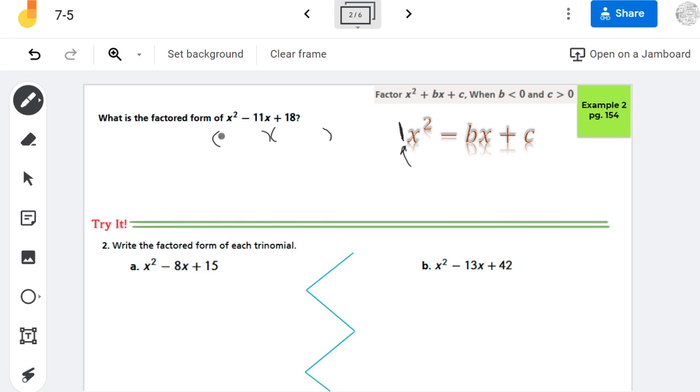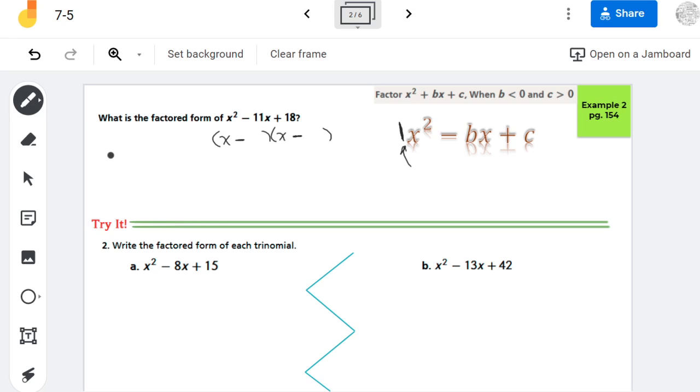Step 2 is to fill in my x's, because in order to get an x squared and a linear term there, I have to have an x times an x. This first sign falls down, and this second sign tells us whether we have to match or have opposites. So to make a plus 18, my signs have to match. To match the negative, I'm going to put a negative here.